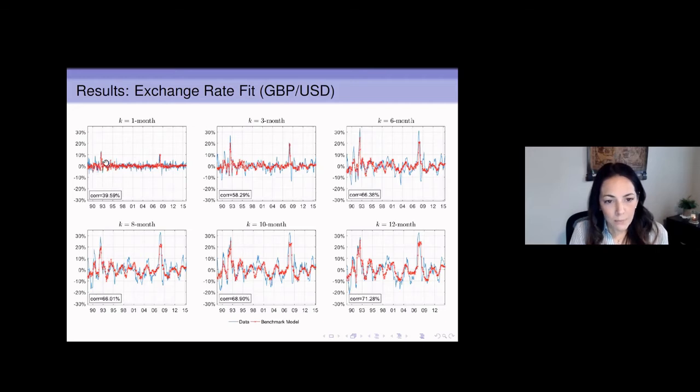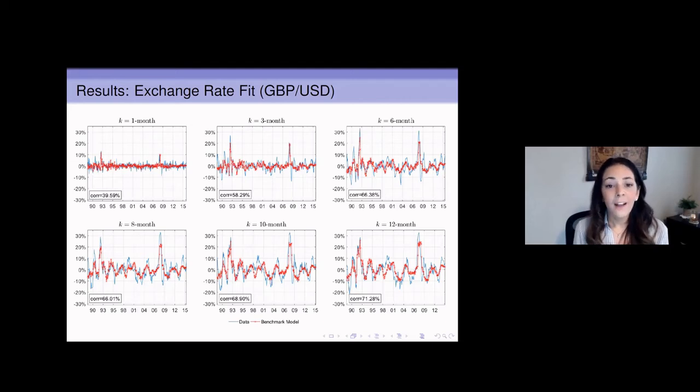So at the 1 month, we have quite a lot of variability with my red lines, which is my model, but there are many instances in which the data is moving and my model is not able to capture that movement. And if you study exchange rates, you know that understanding exchange rate movements at the short end is very, very difficult to do.